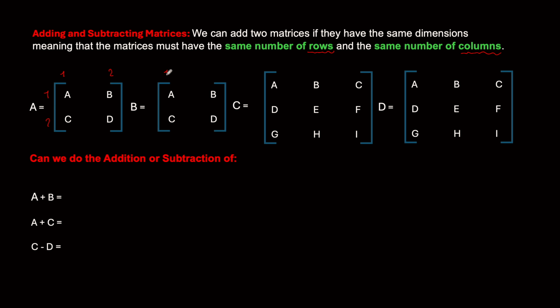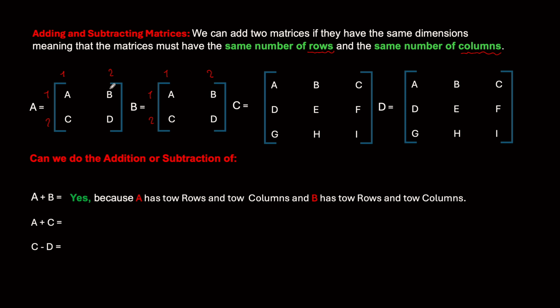B has 2 columns and 2 rows. So they are basically identical. They have the same dimensions, so we can do it.